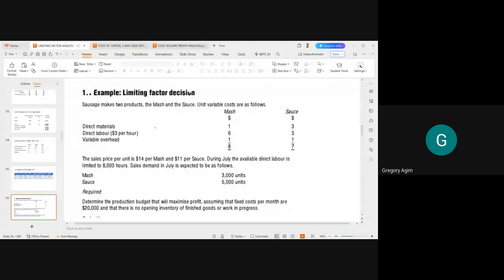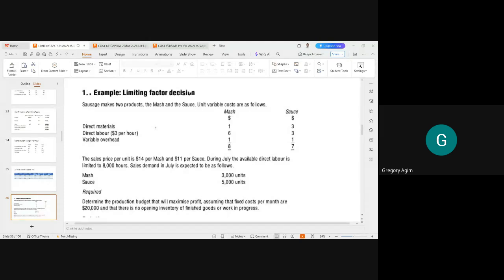Direct labor at 3 naira per hour: 6 for mash and 3 for sauce. Variable overheads, 1 for mash and 1 for sauce. The total is 8 for mash and 7 for sauce.